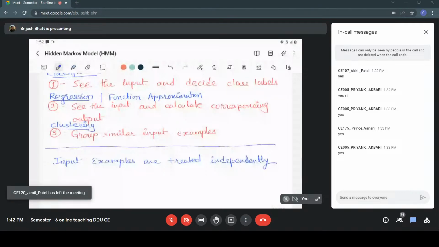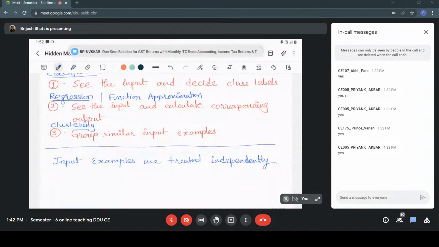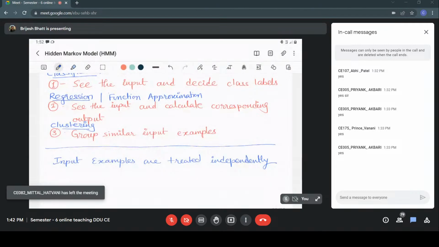It means that when you are deciding the outcome for one input example, in case of classification or regression, you do not need to worry about the outcome of the previous input example. Similarly, in clustering, when you are comparing two different input examples, you only need to look at the similarity or differences between the two data points. You don't need to worry about what was computed previously.